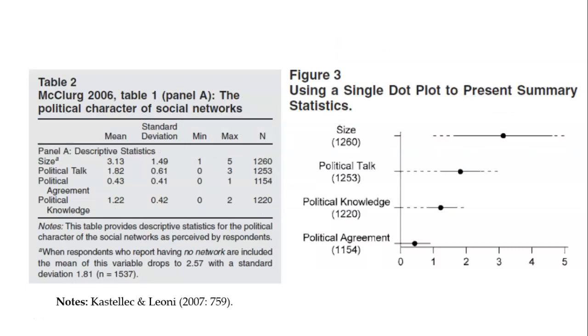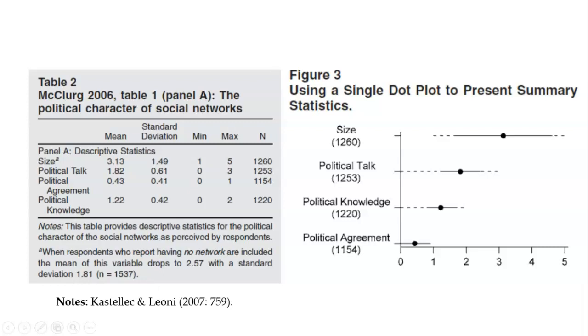This is also a good example of how you can use dot plots to present summary statistics such as the mean and the standard deviation rather than tables. This is a very cool example because what you can see here is that, for instance, in the variable size, the mean is in this case 3.13. But what is interesting is how we represent the standard deviation. The standard deviation is a measure of precision.